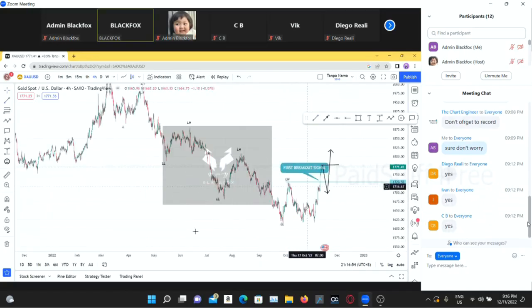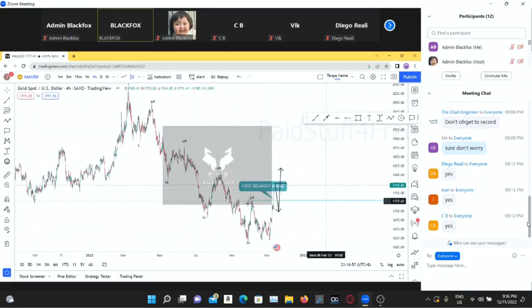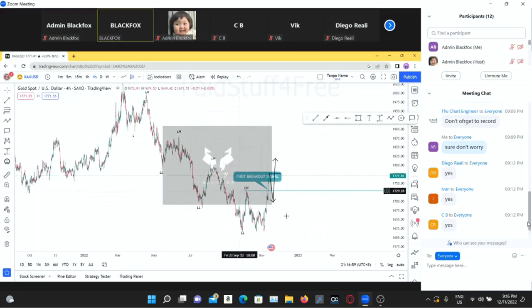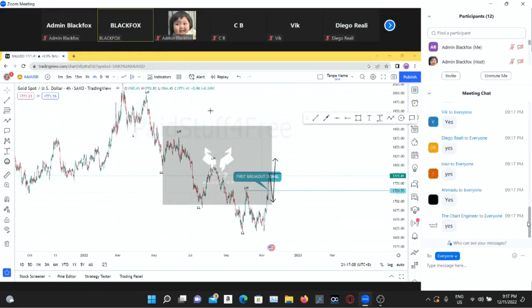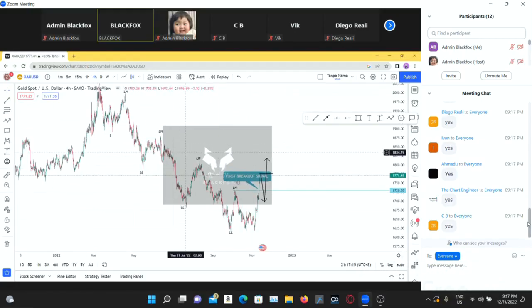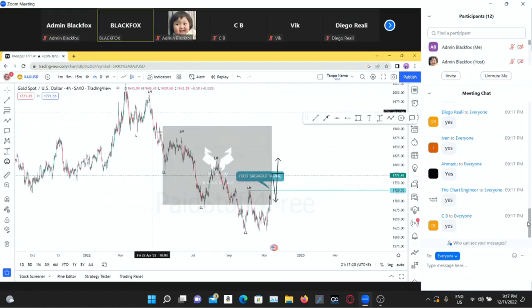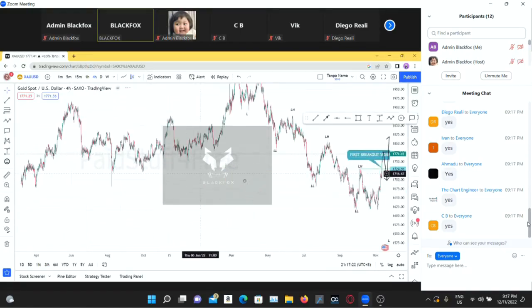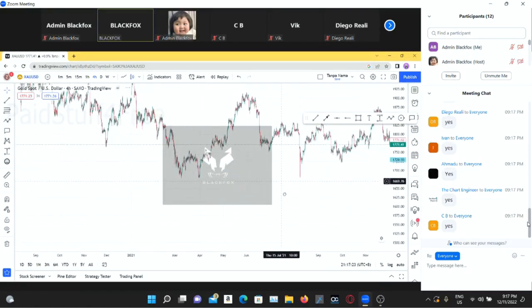Do you guys understand this? Clear, right? So this is market structure, okay? So must have confirmation. If downtrend must have confirmation, if uptrend also must have confirmation.